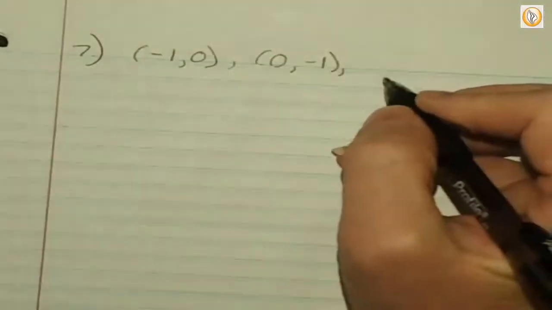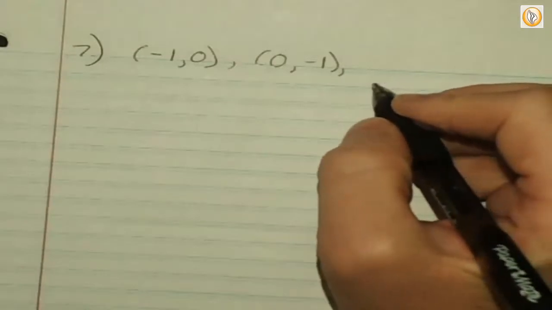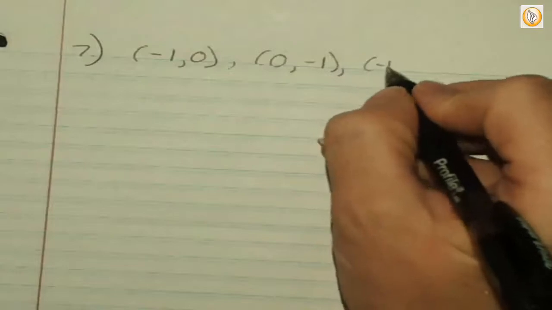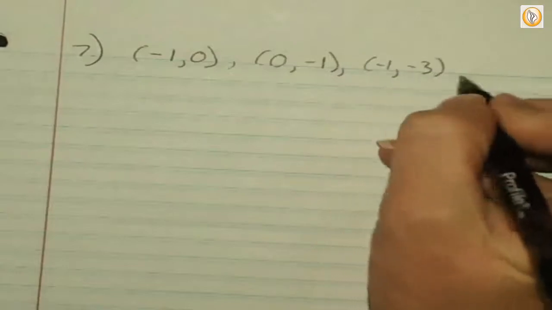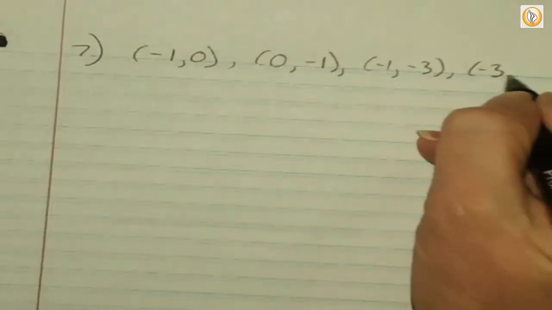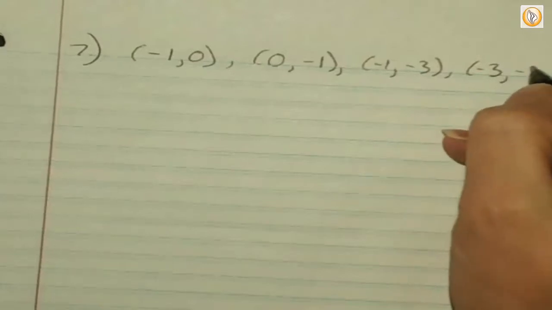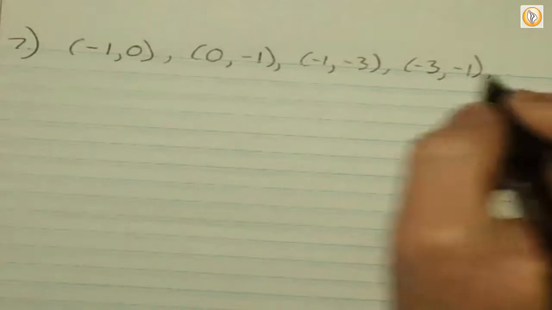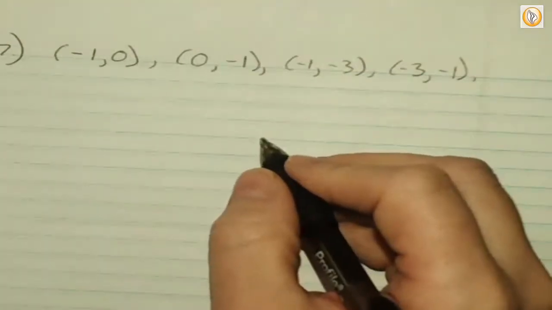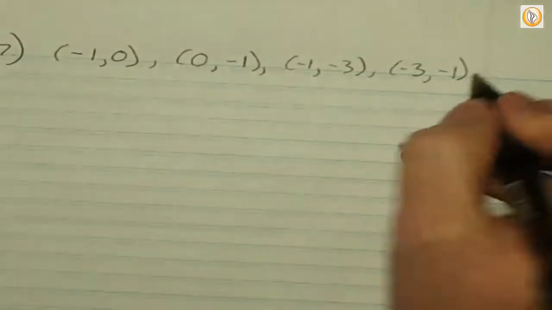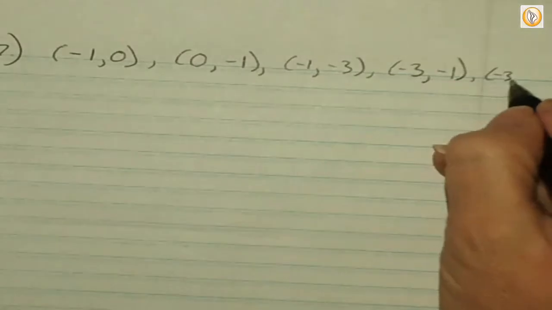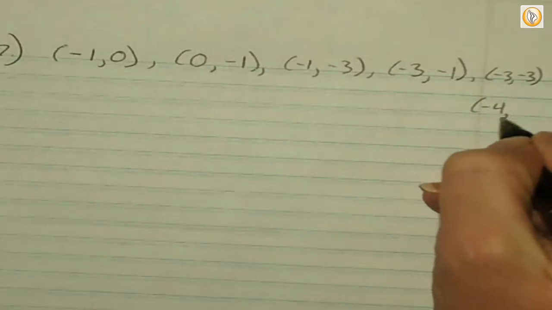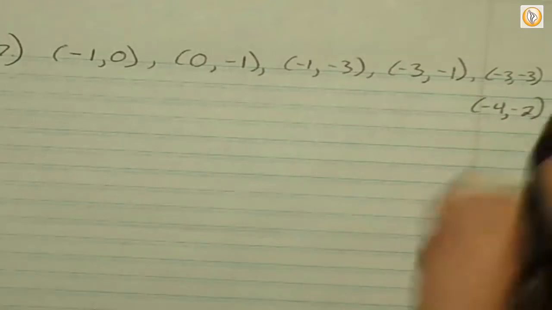Okay, what's another? -1, -3. -3, -1. All right, -3, -3. And then -4, -2. What have they got against the positives?